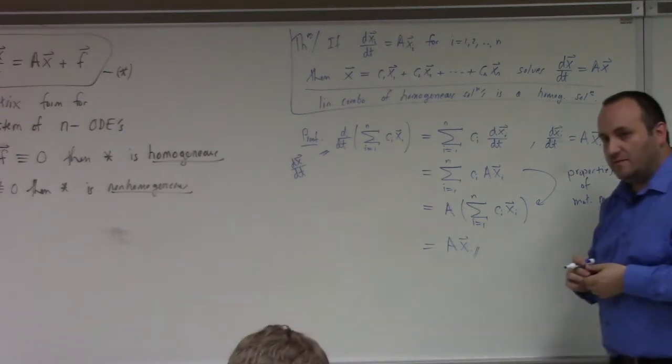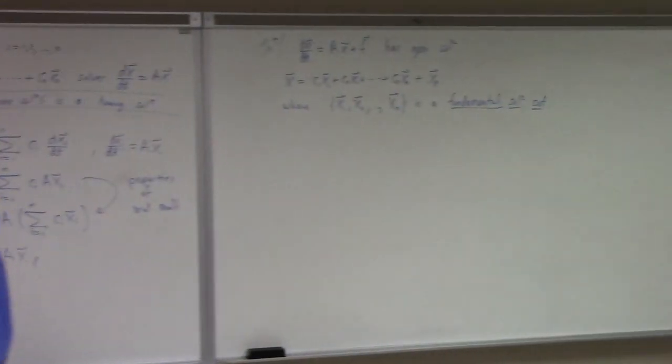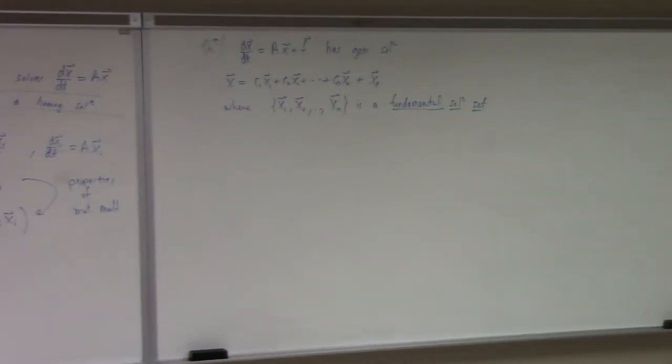In other words, it's a set of n linearly independent homogeneous solutions. So this is the general problem. To solve the non-homogeneous problem, we need to find a fundamental solution set, and we need to find a particular solution. All right?